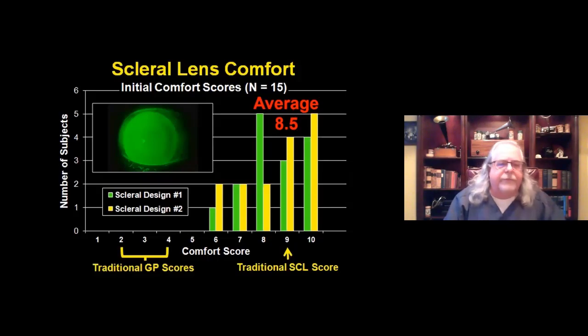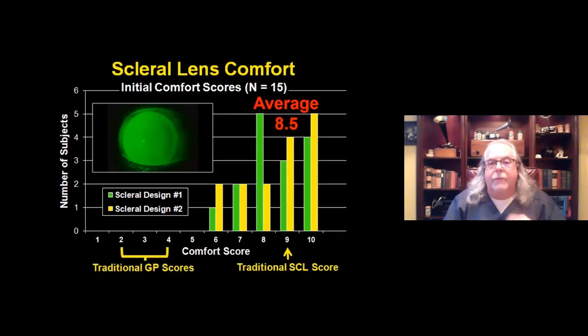This is a comfort study we performed at Pacific University, in which we were looking at 2 different scleral lens designs. The important exercise here for me was that when these lenses were applied to individuals who had never worn a contact lens, what we see here is that the average comfort on a 1 to 10 scale was 8.5, with 10 being I physically can't feel it on my eye.